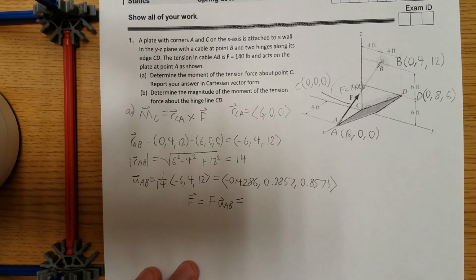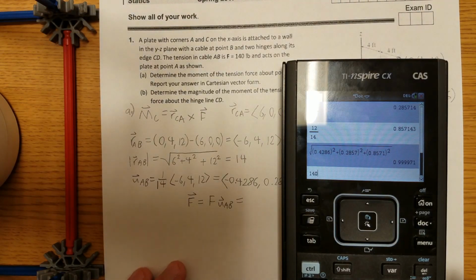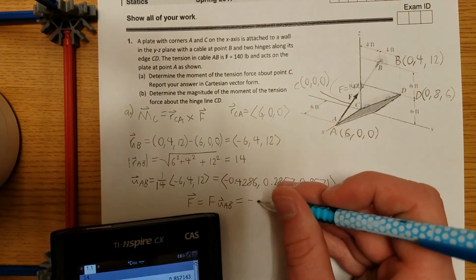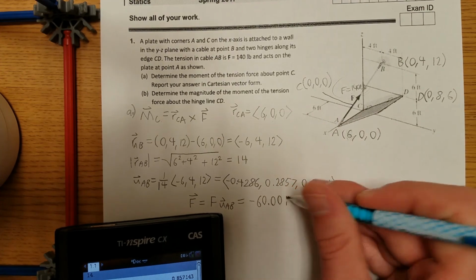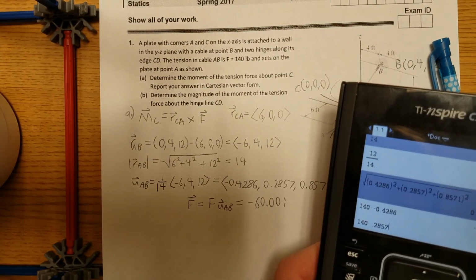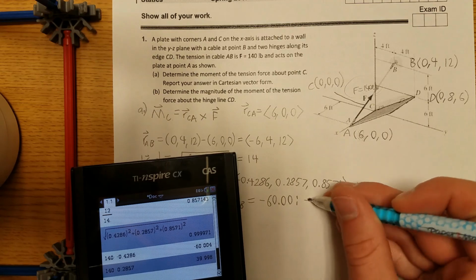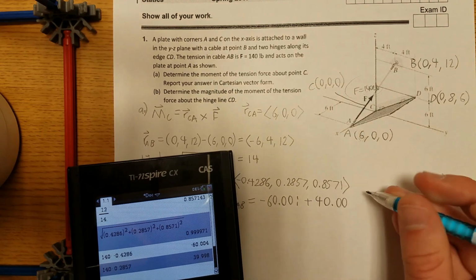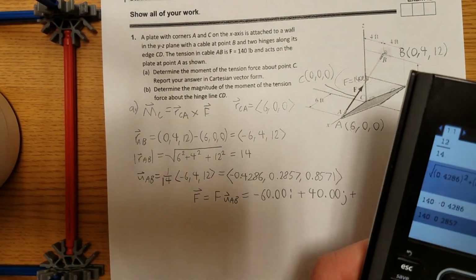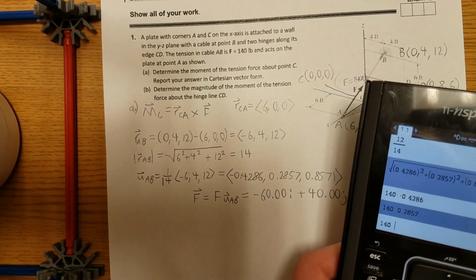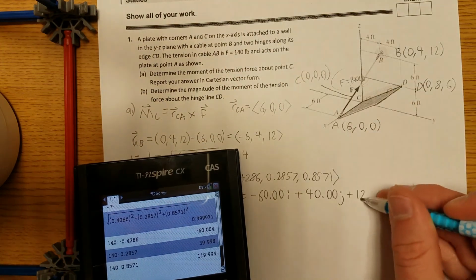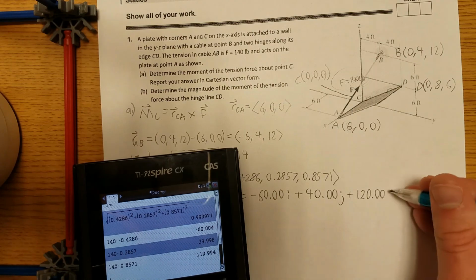I'm just going to calculate that out for you. 140 times negative 0.4286 gives us negative 60.00 I. 140 times 0.2857 gives about 40.00 J. And in the K, 140 times 0.8571 gives us 120, I'm just going to round it, K.